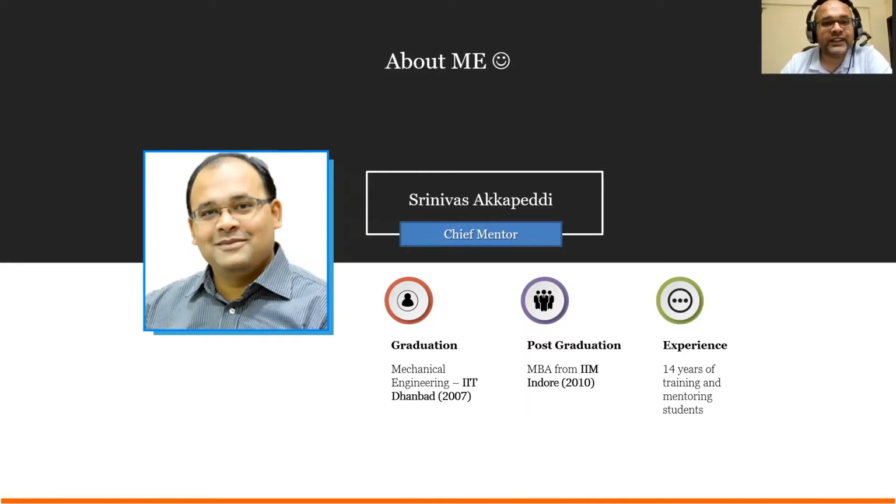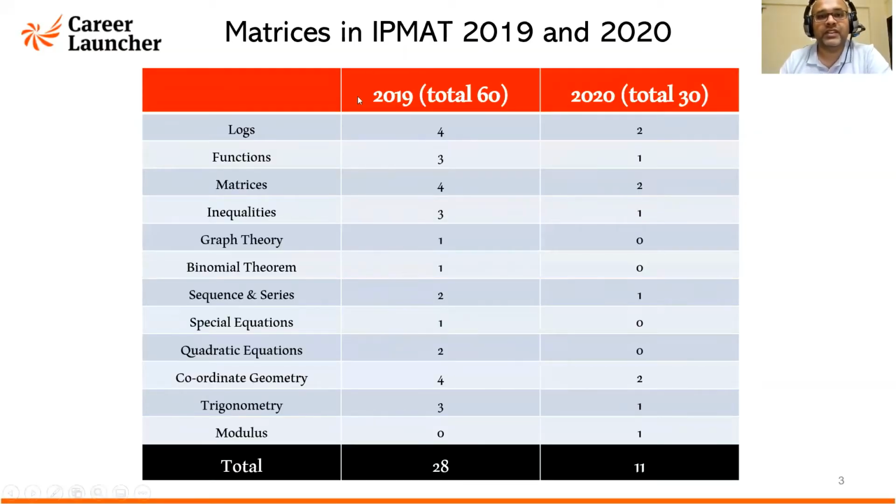Let us first understand how important this topic is to us. If you notice, I have made a list of all the topics that come under the concept of higher math. These are the topics which come under higher math. This does not include all the topics of maths which are required for IPMAT Indore.